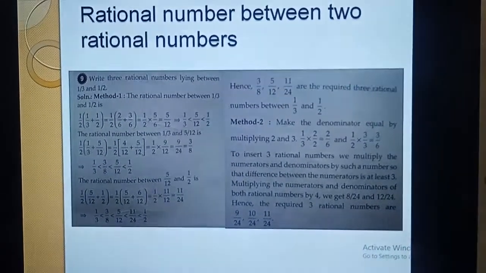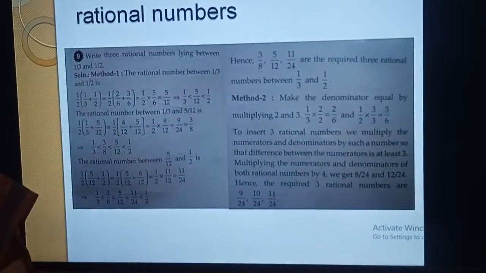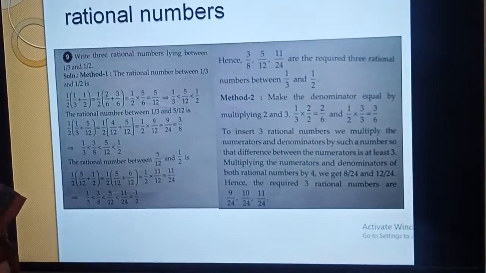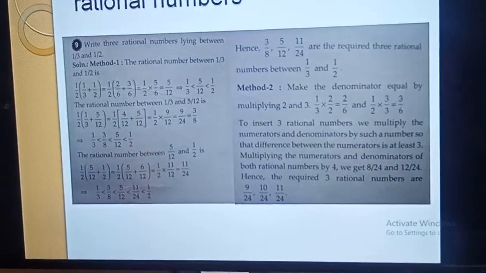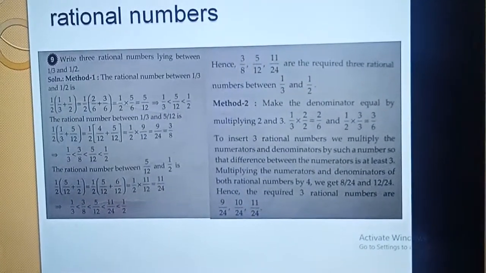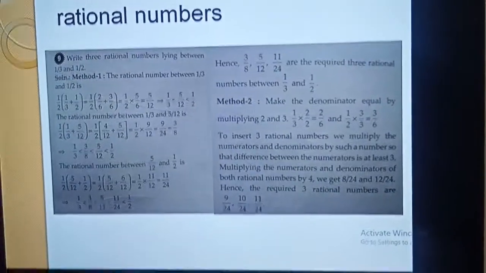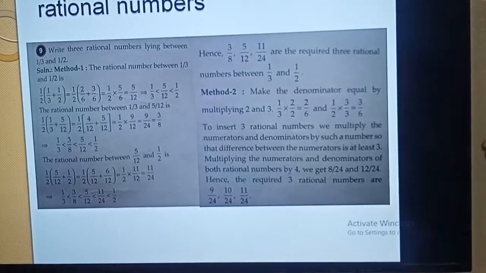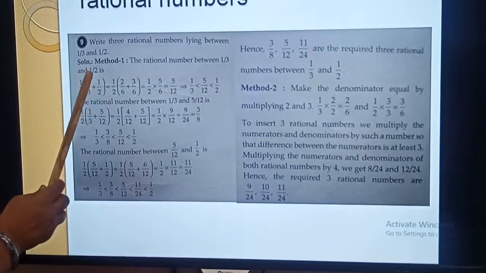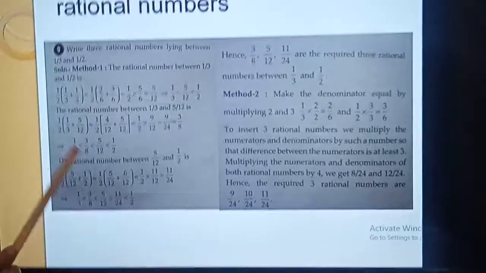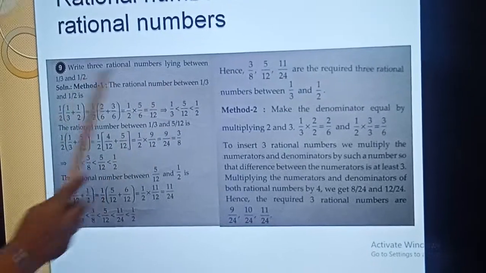Now, rational numbers between two rational numbers. Children, there are two methods to find the rational numbers in between. One is the mean method. Two rational numbers are given, just add them and divide by 2. Half of the sum of the given two rational numbers is the rational number in between. Here is an example of the first method, usually called the mean method. Here 1 upon 3 and 1 upon 2 are the two rational numbers given.